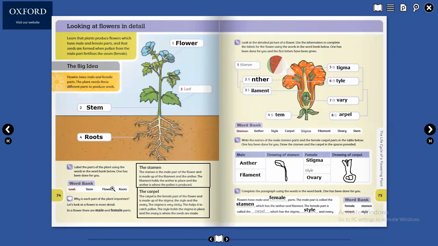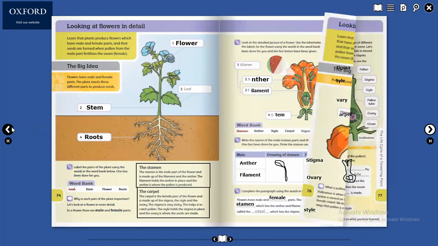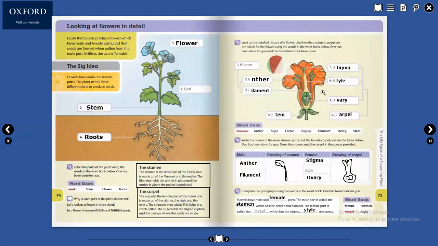Okay, very good. Me too, I have finished. That's great. Okay, moving towards the next page.